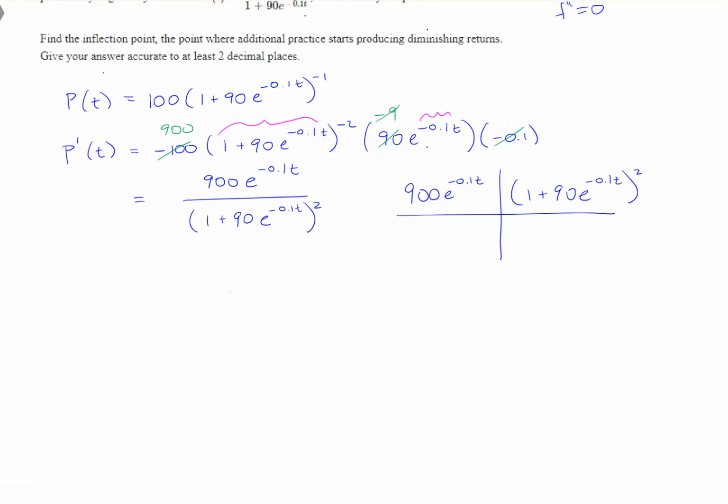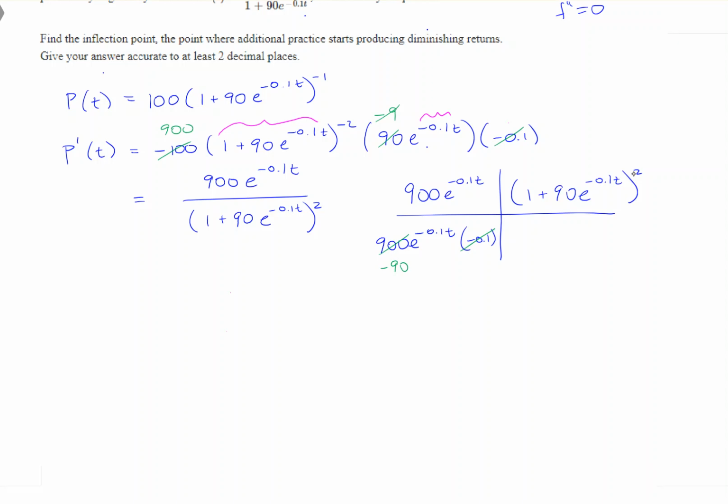The derivative of 900e^(-0.1t) is going to be 900e^(-0.1t) times the derivative of the inside part, which is negative 0.1. And I'll go ahead and simplify here. Negative 0.1 times 900, that's going to be negative 90.